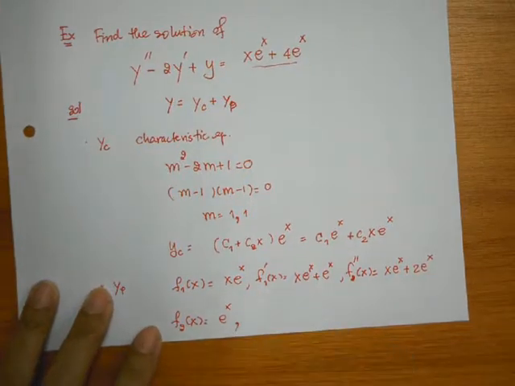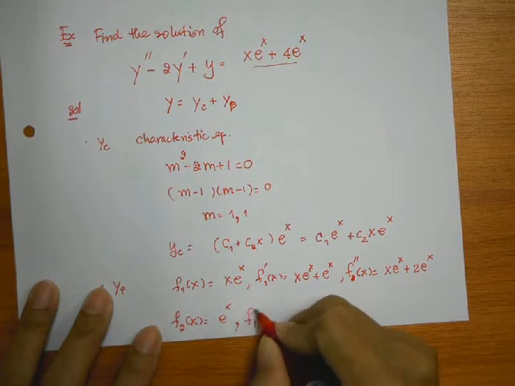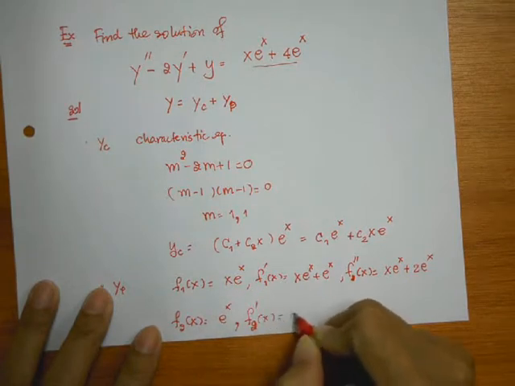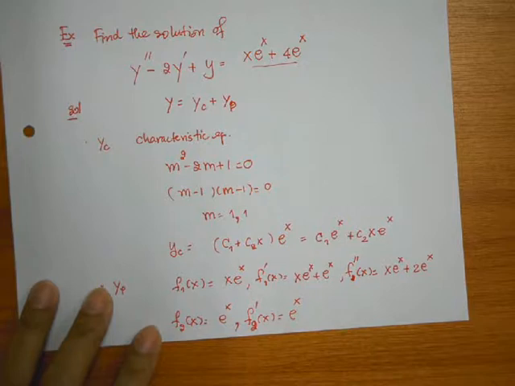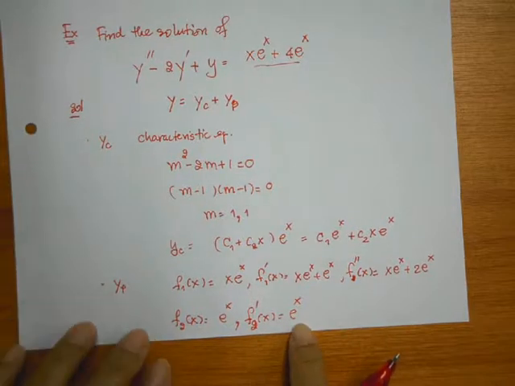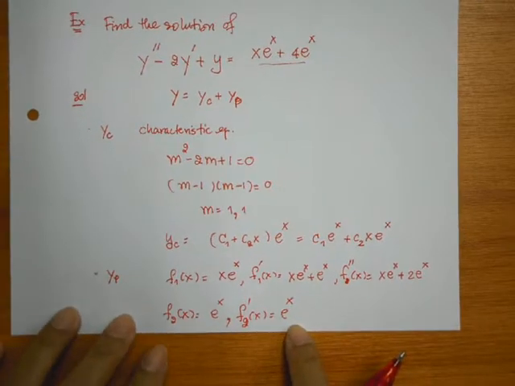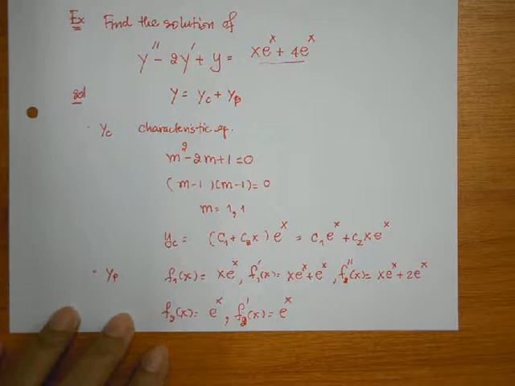And the second function, the first derivative of the second function is exponential of x. If you keep doing the derivative of exponential of x, you still get the same function. So I would say that we are going to end up with this.